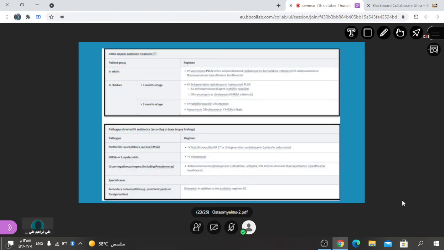Above, we have the initial antibiotic treatment, and we can see it depends on the age of the patient. In adults, we start with IV vancomycin plus an anti-pseudomonal agent, either a cephalosporin or a fluoroquinolone. For example, we could give IV vancomycin with ceftazidime as the empirical therapy.